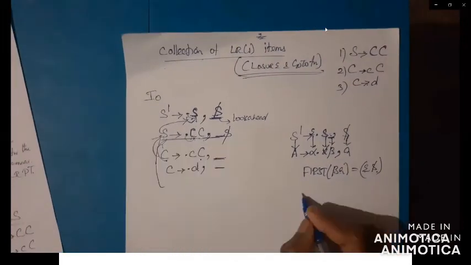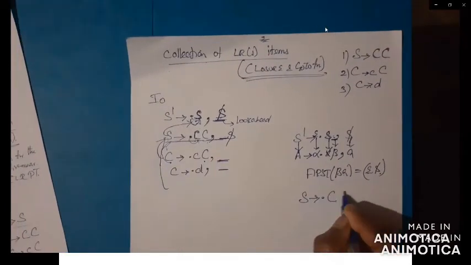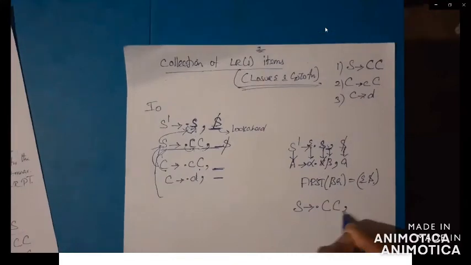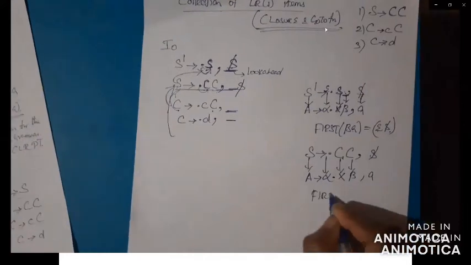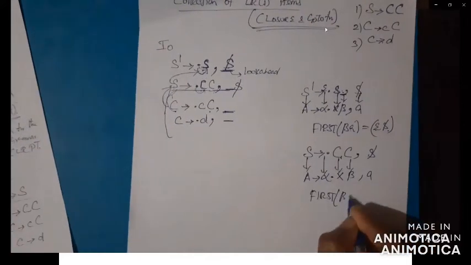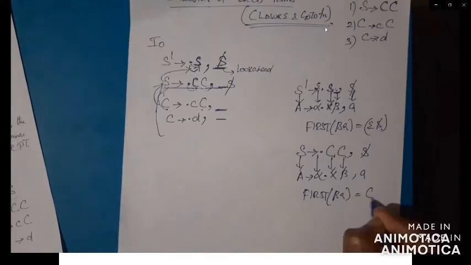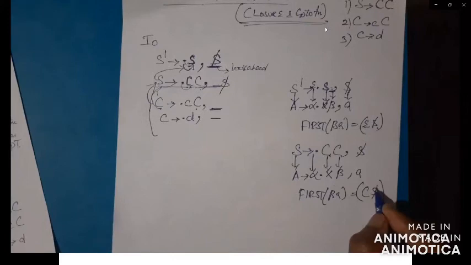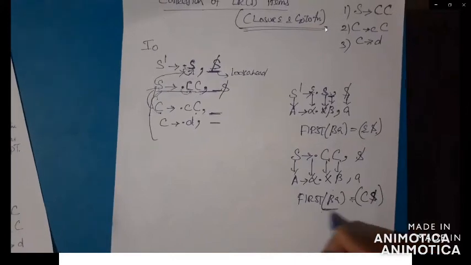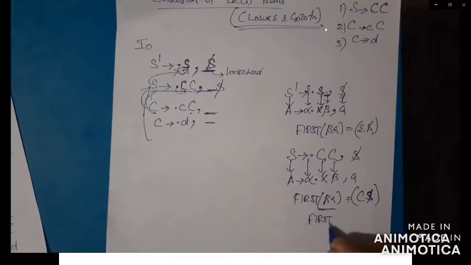So here S tends to dot capital C capital C, dollar. Here check A: alpha here is empty, capital X is C, beta, comma, A. So what is first of beta A here? Beta is here capital C, and A is dollar. So what is first of C here? How to write? First of C, dollar.